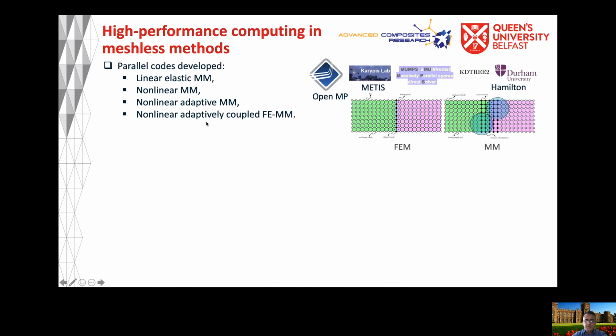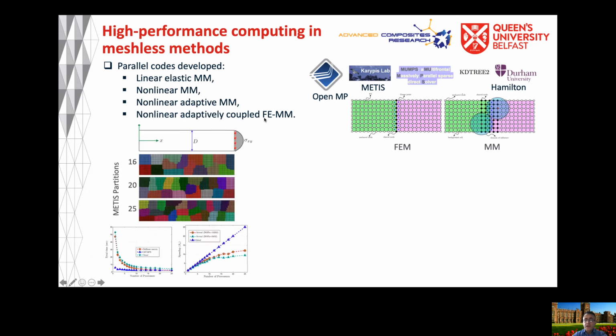I also developed some algorithms for meshless methods and coupled finite element meshless methods based on high performance computing. I developed these 4 algorithms: linear elastic, nonlinear, nonlinear adaptive, and nonlinear adaptively coupled. Again, I use different libraries for this specific task, and I developed the code from scratch in Fortran.